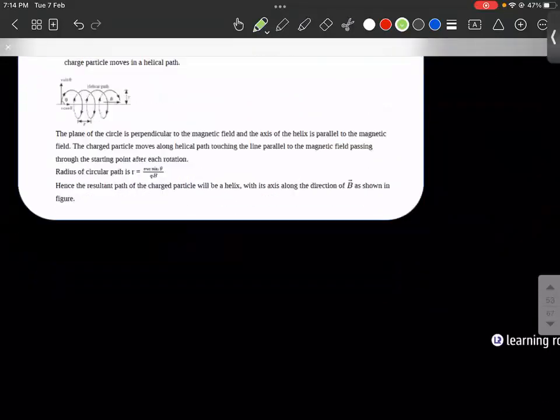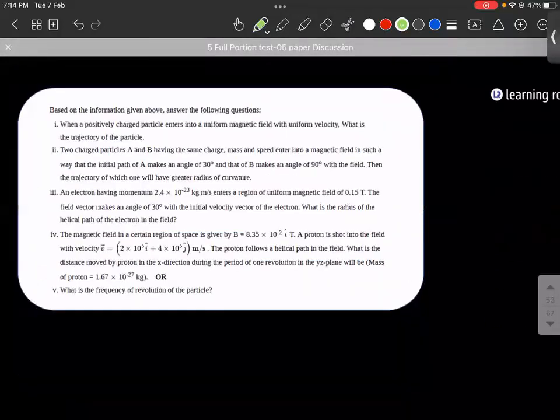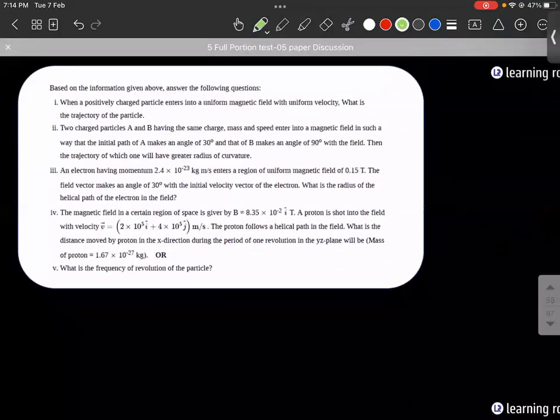34th. When a positively charged particle enters into a uniform magnetic field with uniform velocity, what is the trajectory of the particle?